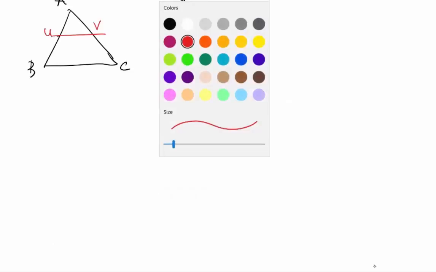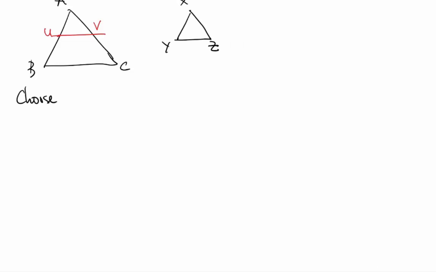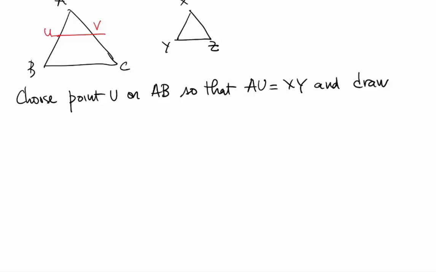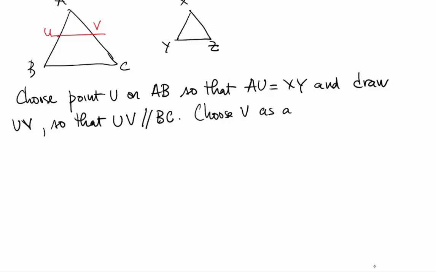So we'll choose point U on AB so that AU is equal to XY, and we draw the line UV so that UV is parallel to BC. And we choose V as a point on AC.